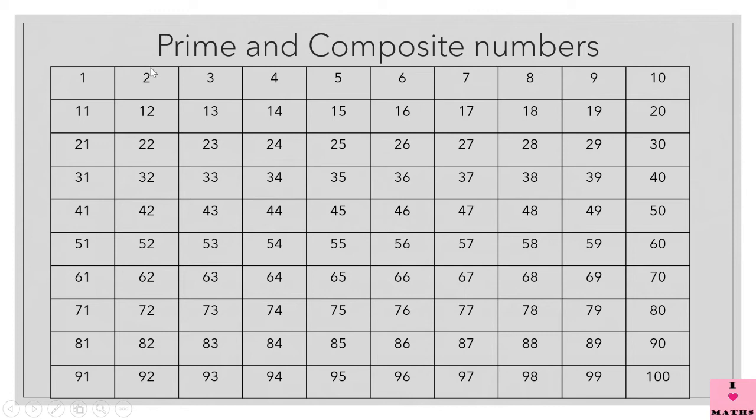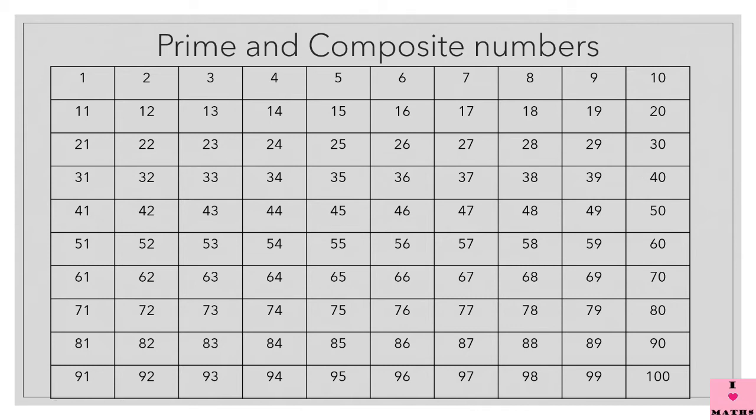So if we circle 2, the multiples of 2 are 4, 6, 8, 10, 12, 14, 16, 18, 20, 22, 24, 26, 28, 30, 32, 34, 36, 38, 40. So children, all the even numbers are the multiples of 2.